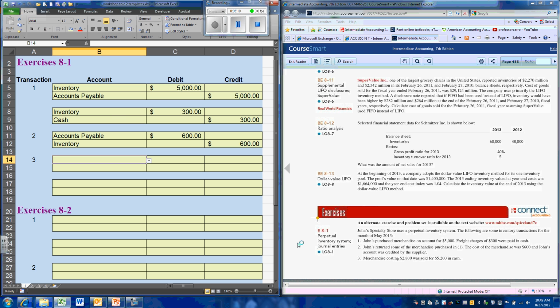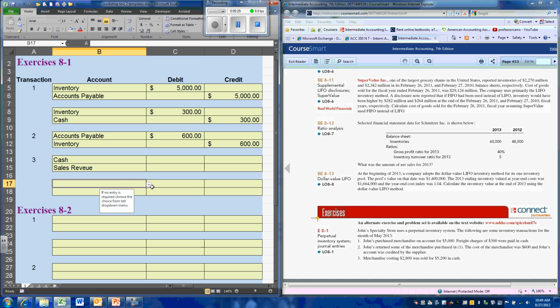In the perpetual inventory system, every time we have a sale, we're going to have the receipt of an asset, in this case, cash. We're going to have the recognition of sales revenue.